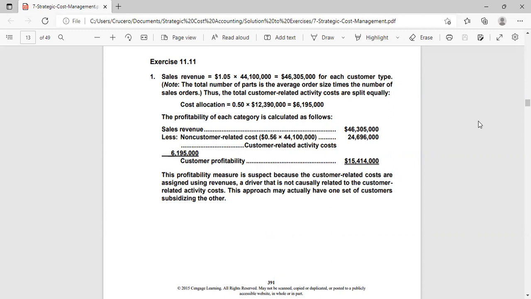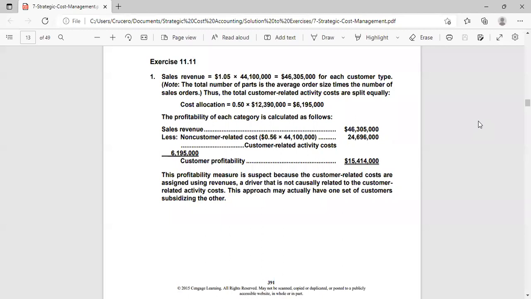And the customer-related activity cost of 6,195,000 computed above. So we have the total of the two deductions. From 46,305,000, deduct the non-customer-related and the customer-related activity cost.